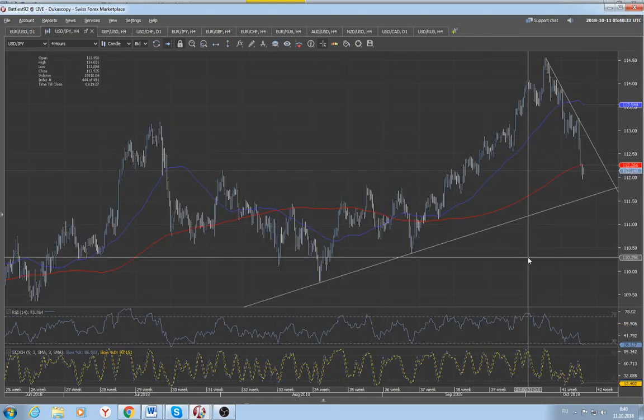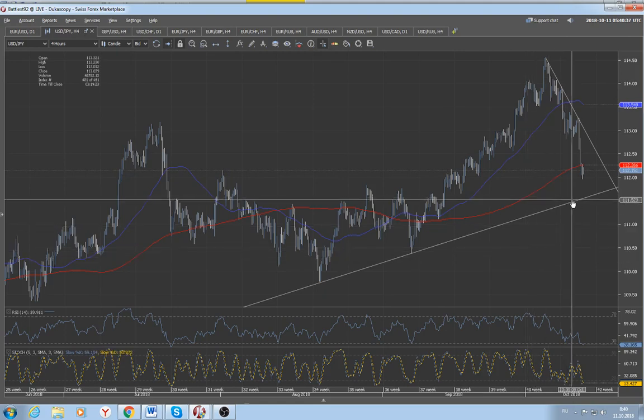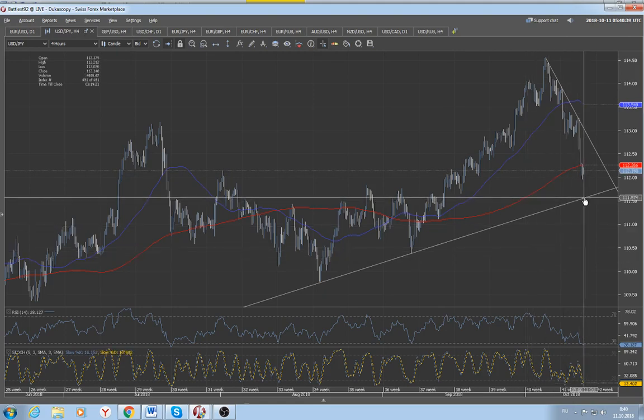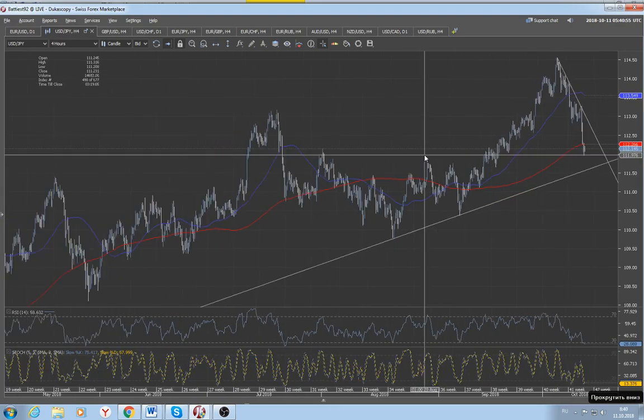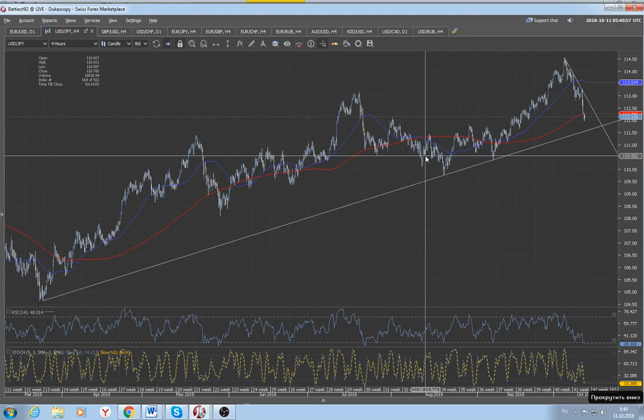Dollar yen. Probably the Japanese yen is the main beneficiary of instability in the financial markets. Here we still keep our short trade recommendation, and we suggest it's time to wait for a possible test of the 2017 uptrend line.